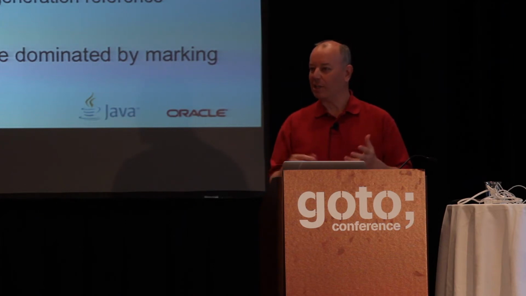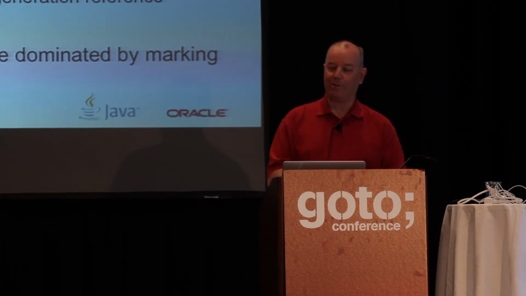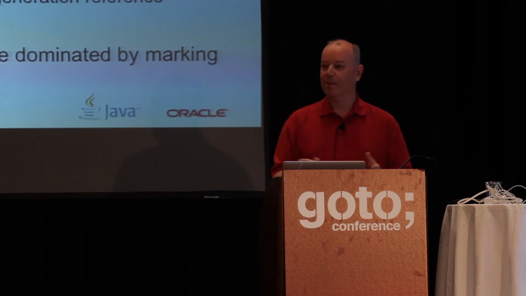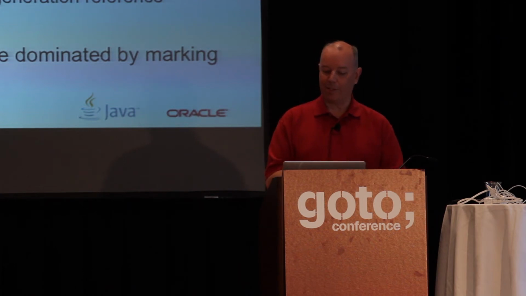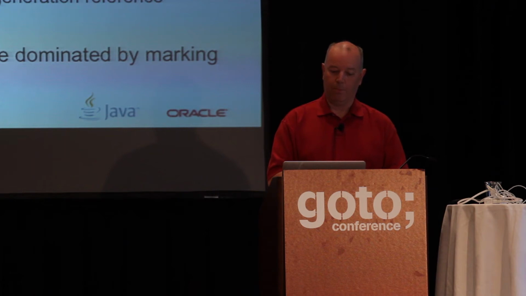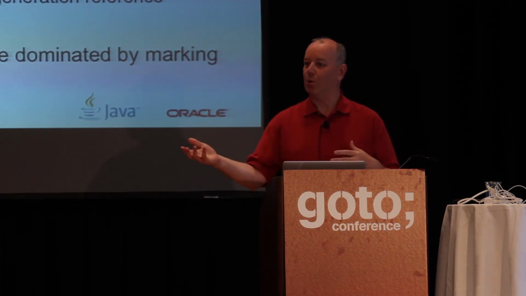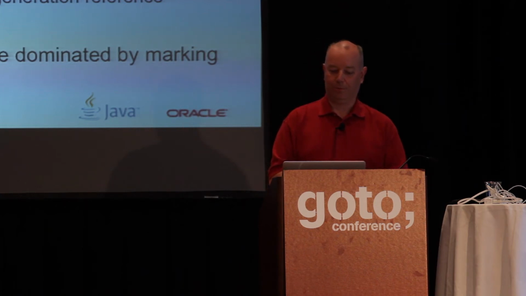There are other things that can influence minor GC duration: overuse, or I would say abuse, of reference objects, weak, soft, phantom, final references, the memory locality of those marked objects, and the evacuation location where you're copying them to. You might have a young generation object that's kept alive by some old generation reference.